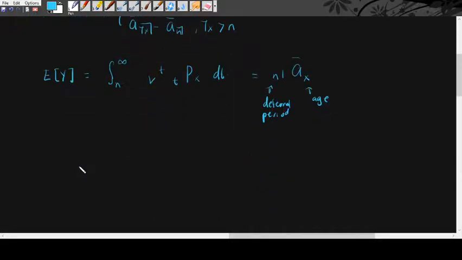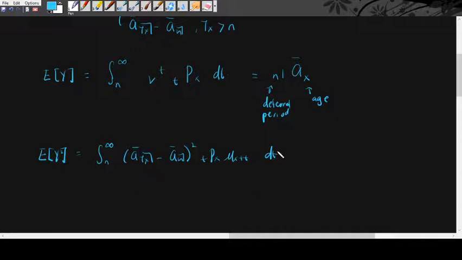For this case, if you are looking for the variance, you have to find the expected value of Y squared. We don't really have the direct relations like what we have for the whole life and for the term insurance. So you have to integrate the second moment, which is from n to infinity of (ā_{t} minus ā_n) second moment times tp_x mu_{x+t} dt.